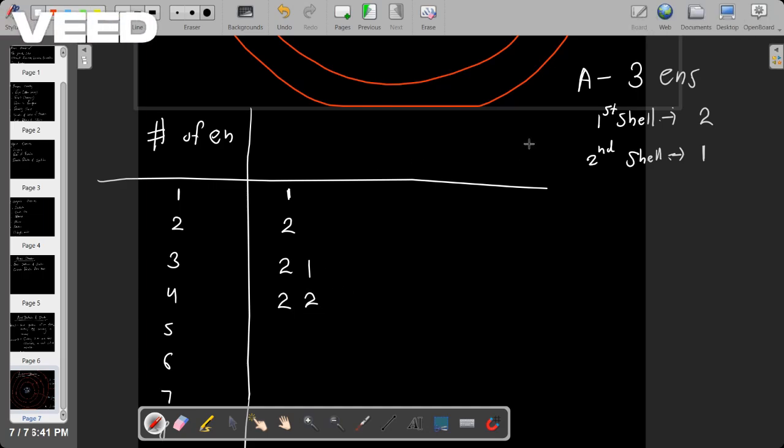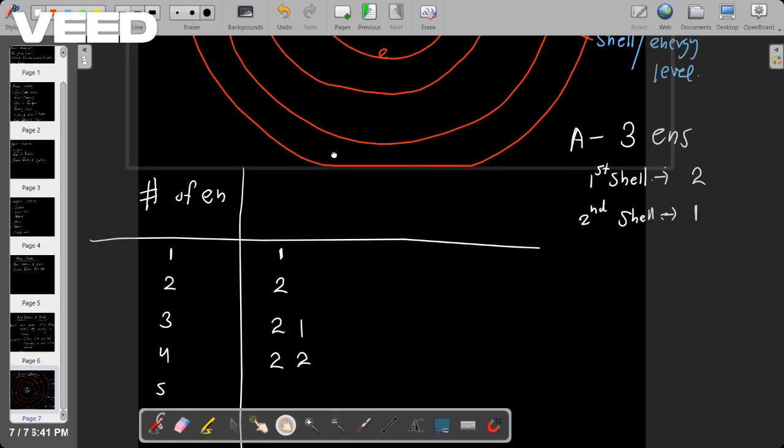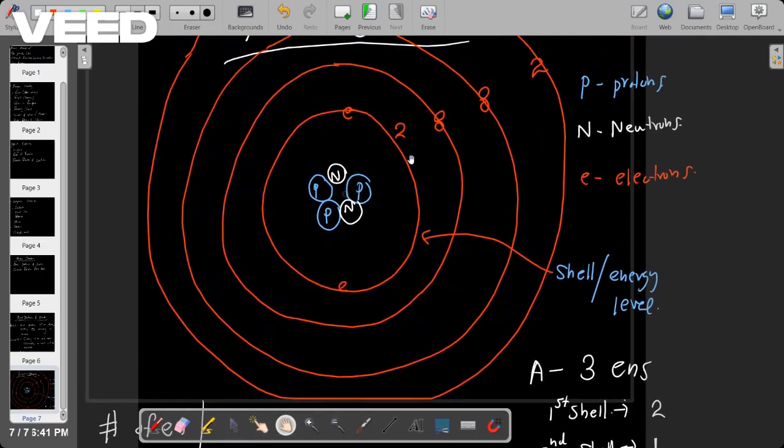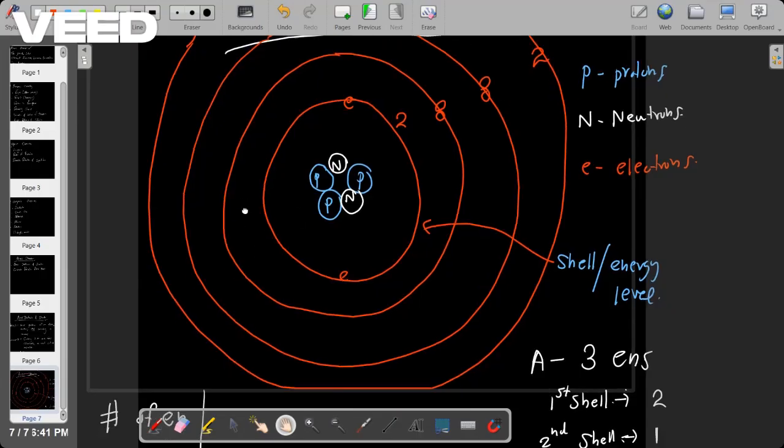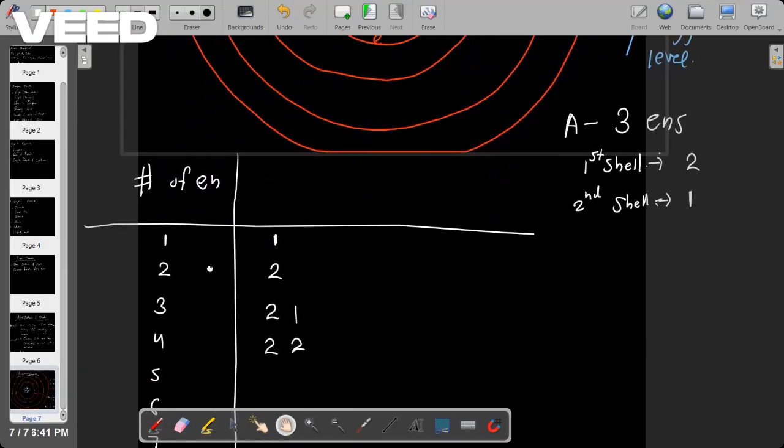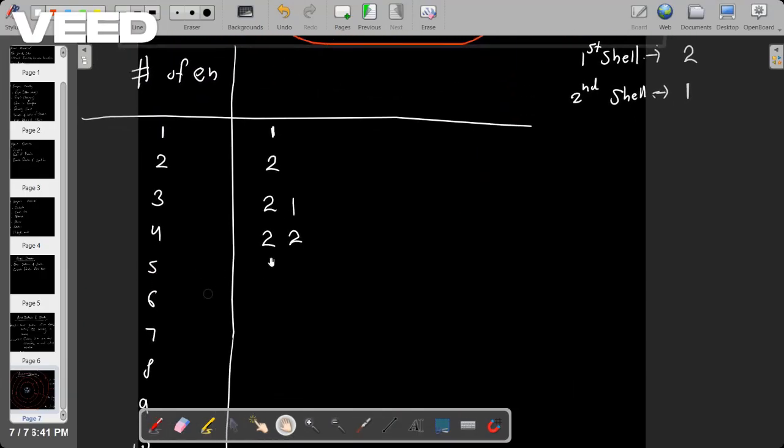Likewise, you can go up to four shells, right? Here I told you the maximum number of electrons they can have, 2, 8, 8, 2. Fill it up to the 20th, right? Fifth one I will also do, 2 and 3. Likewise, up to the 20th.